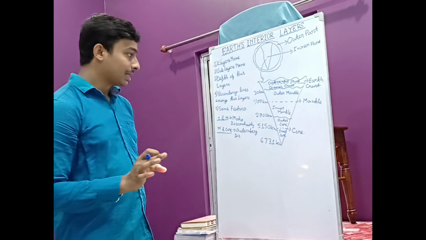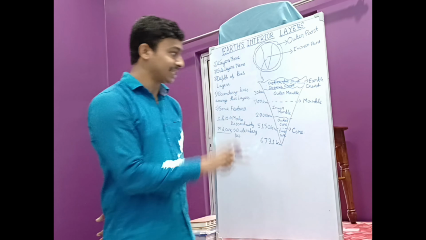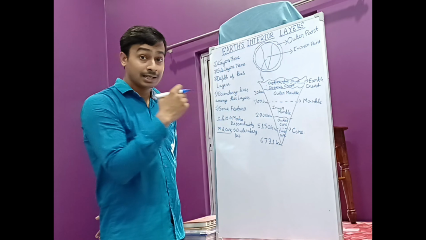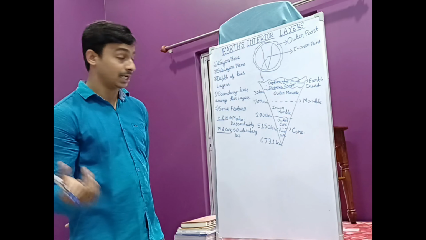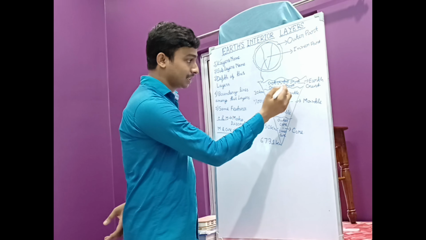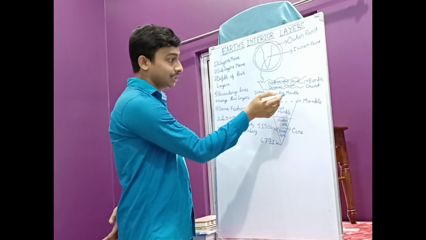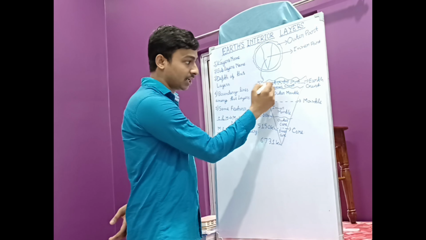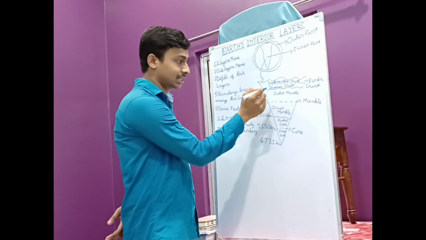Okay. Second, I discuss sublayers discontinuity line. First, earth crust is divided into two sublayers, continental crust and oceanic crust.